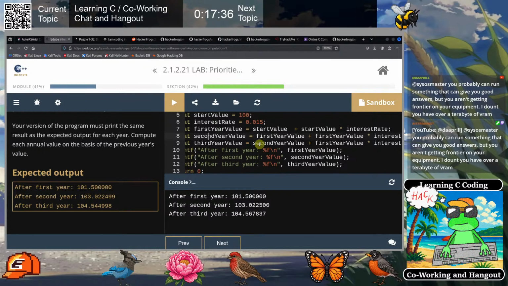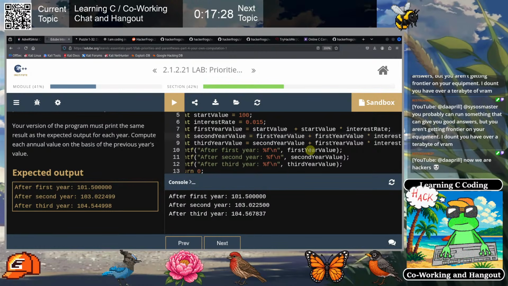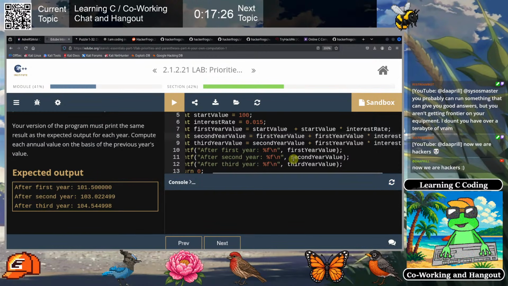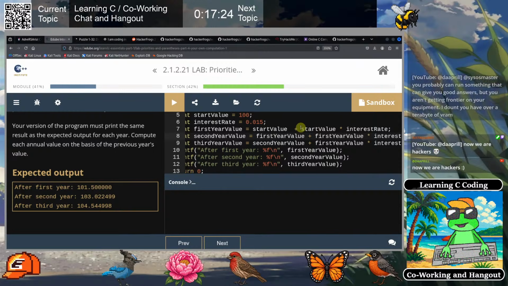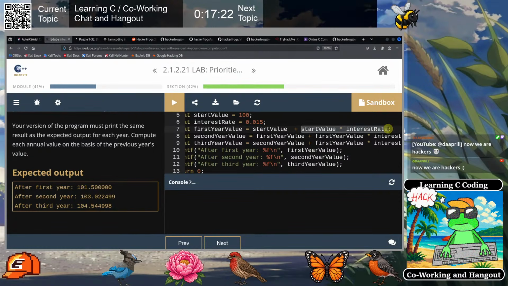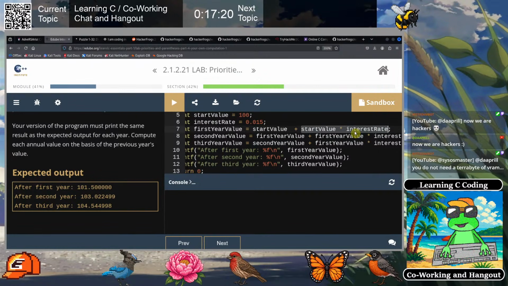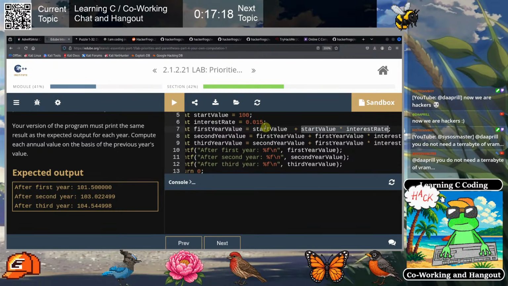Second year value equals first year value plus first year value times interest. So we were calculating this in maybe an incorrect way. So we take the result of multiplication, and then add it to start value.